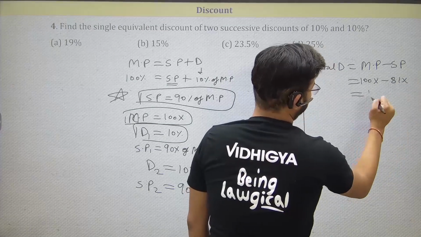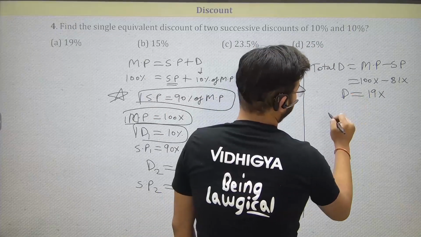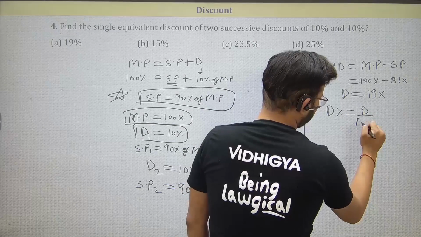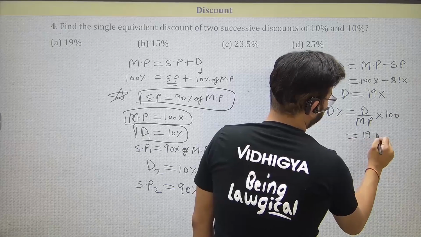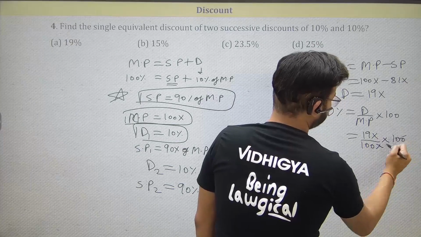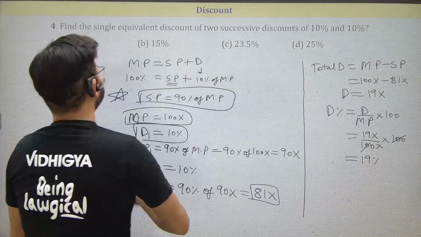So that will be equal to 19x. So this is the discount. We are asked the discount percent. So discount percent will be discount upon mark price into 100. So discount is 19x, mark price is 100x, into 100. So this gets cancelled out. So this becomes 19%.